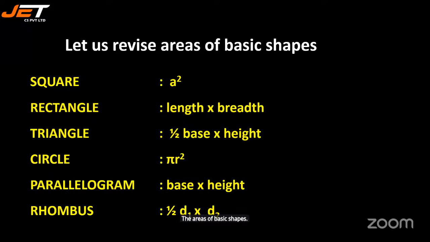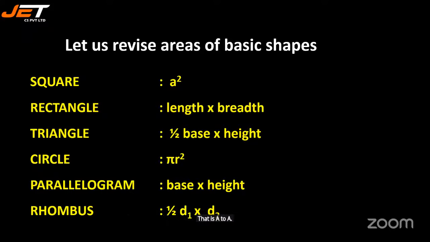Here we have the square. The area of the square is a square because all four sides in a square are equal. So we take the area as a into a.